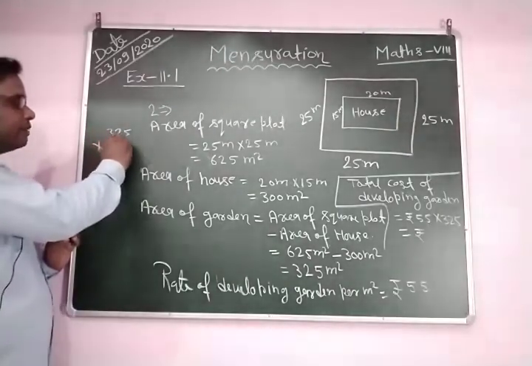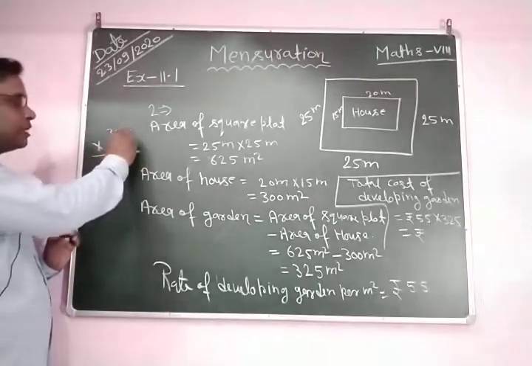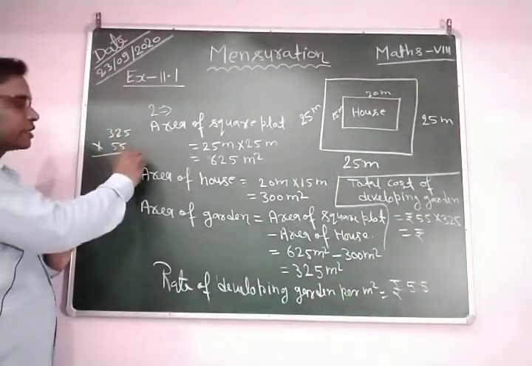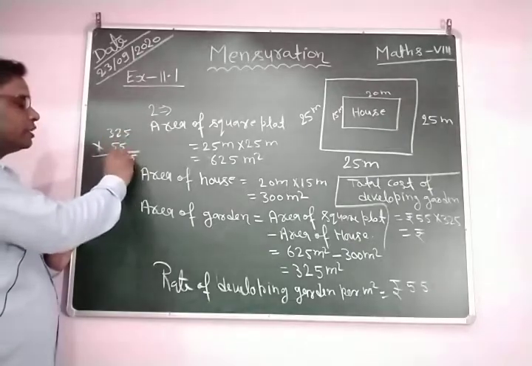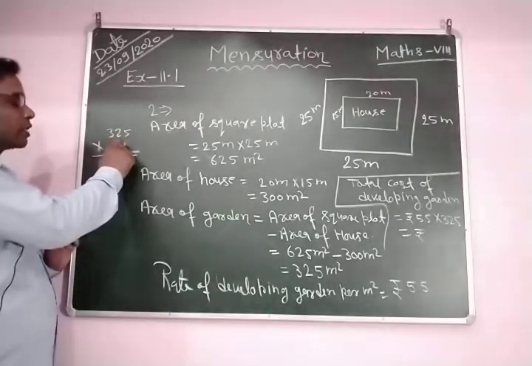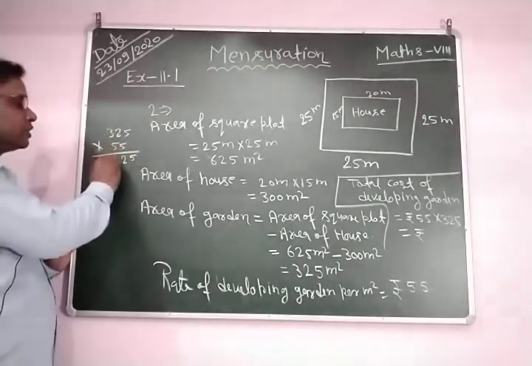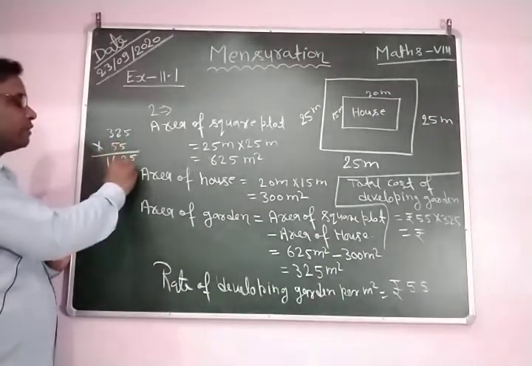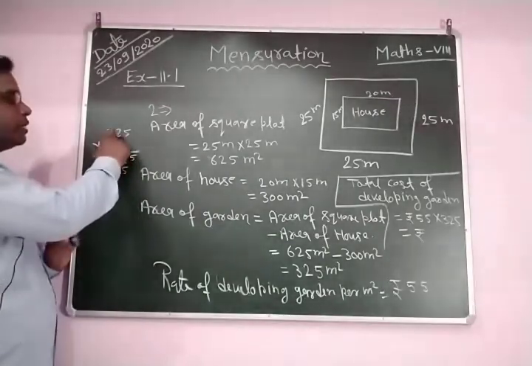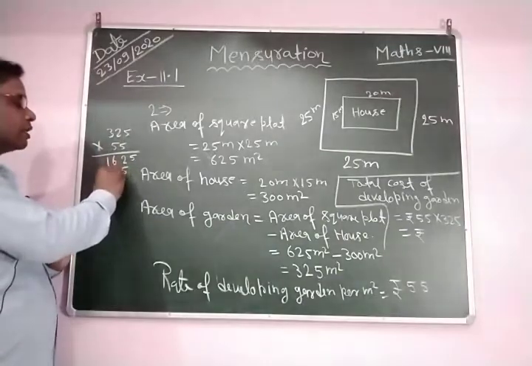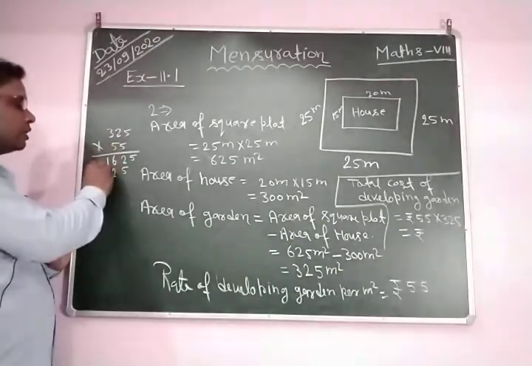multiplied by 55. So you can multiply: 5 fives are 25, carry 2, 5 twos are 10, 10 plus 2 is 12, carry 1, 5 threes are 15, plus 1 is 16. Again 5 fives are 25, carry 2, 5 twos are 10, 10 plus 2 is 12, carry 1, 5 threes are 15, plus 1 is 16.